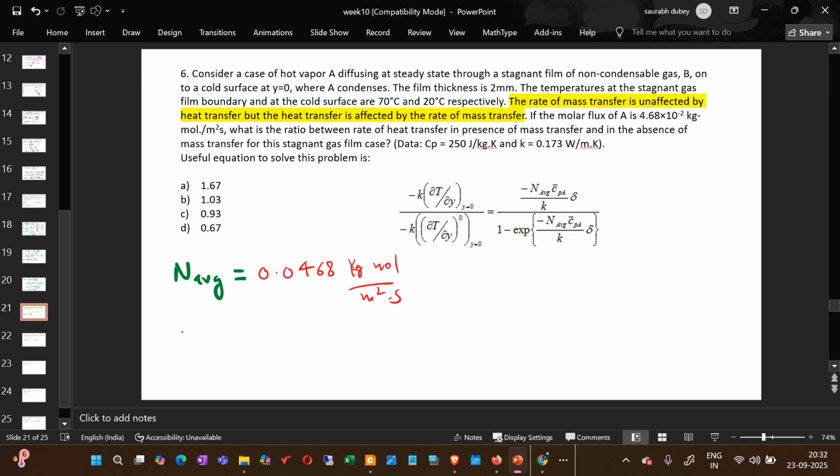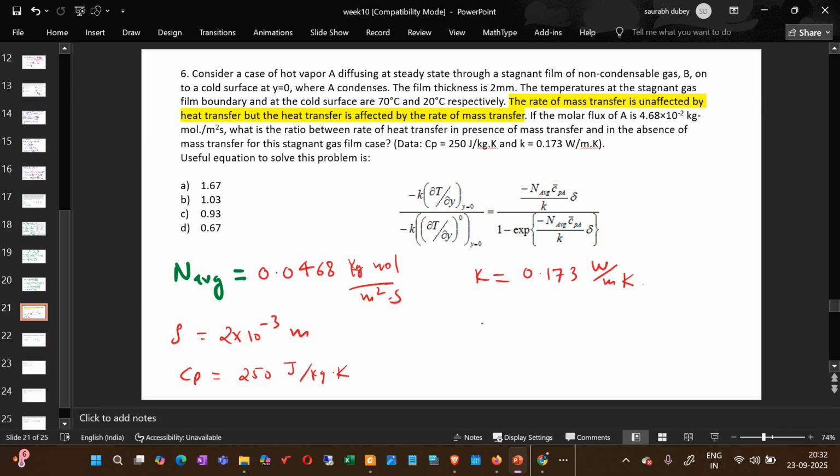Delta equals to what? 2 into 10 power minus 3 meters. Cp is what? 250 joule per kg per kelvin. K is what? 0.173 watt per meter kelvin.